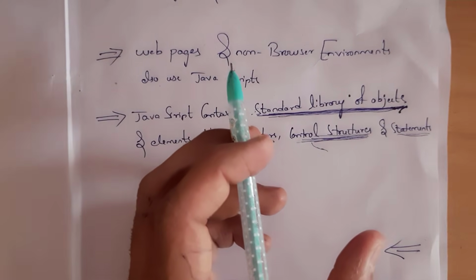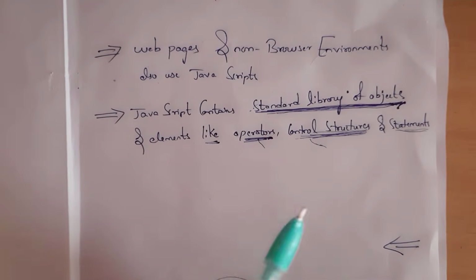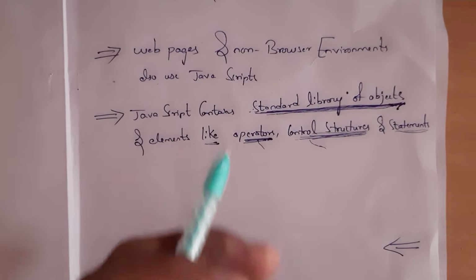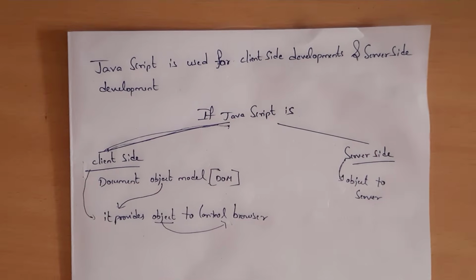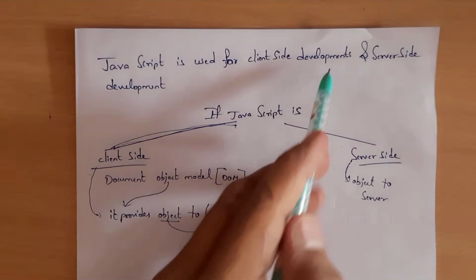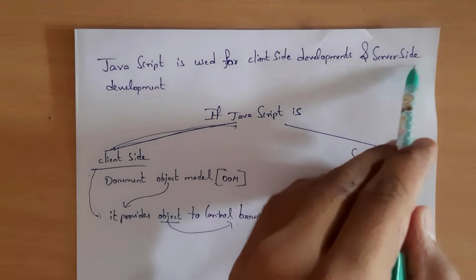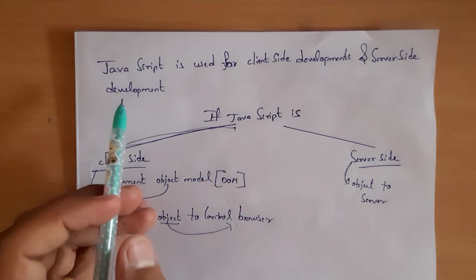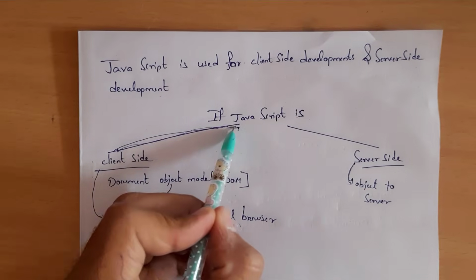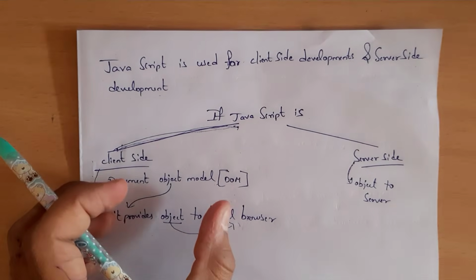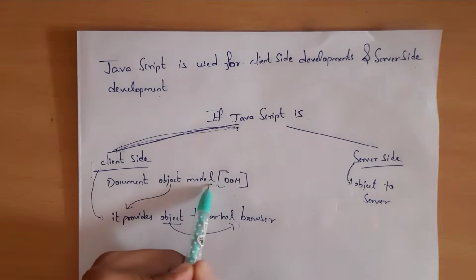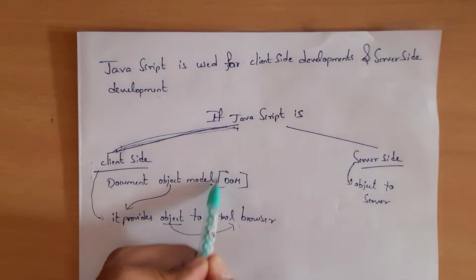Examples of control structures are if statement, else if statement, for loop, do while loop; all this comes under control structures. JavaScript is used for both client-side development as well as server-side development. If JavaScript is used on the client side, it will act as DOM, where DOM stands for Document Object Model.